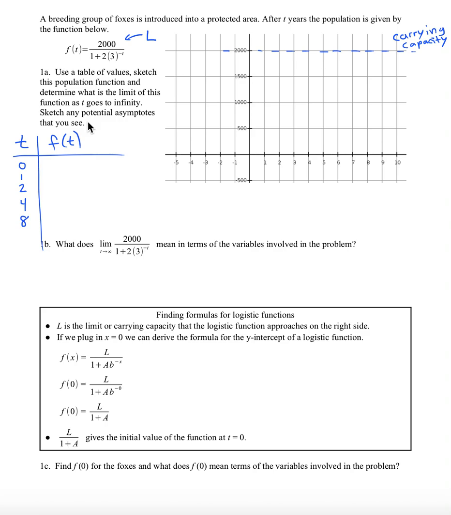So at time 0, I get 667 individual foxes. That's going to be our initial value, f of 0.